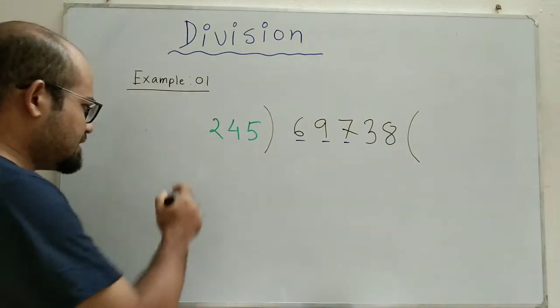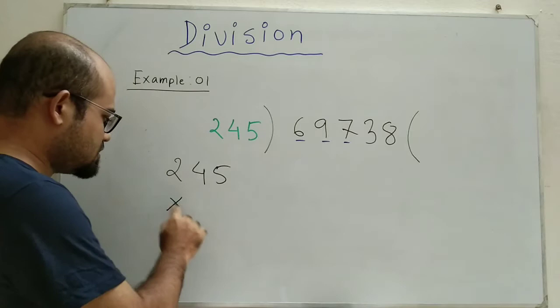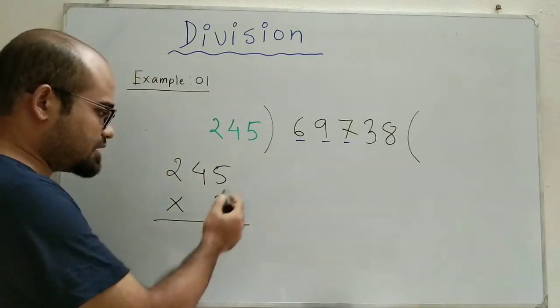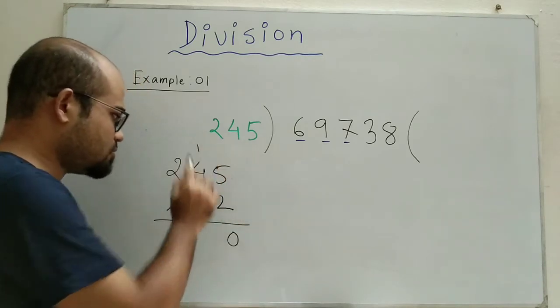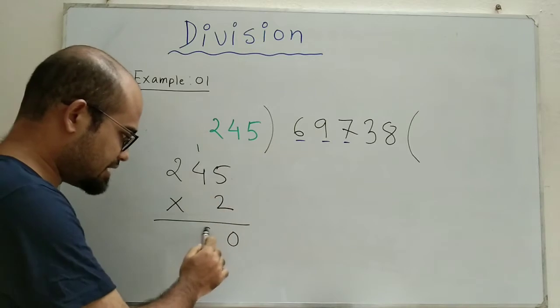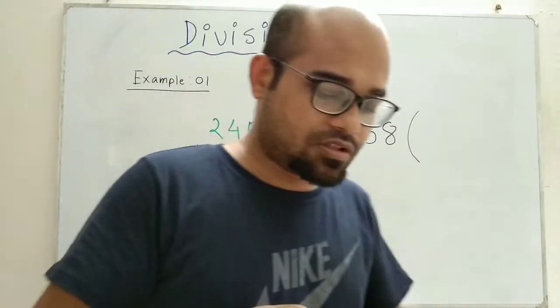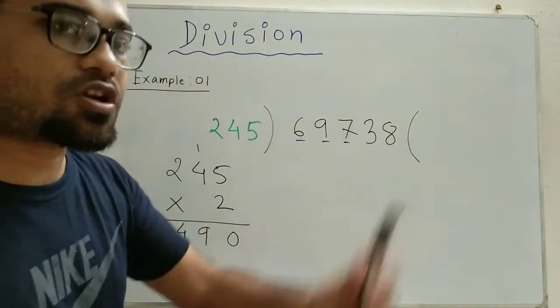So let's start. Let's pick up 2. Let's carry out the multiplication. 5 times 2 gives us 10, 0, carry 1. 4 times 2 is 8, plus 1, 9. 2 times 2 is 4. Well, 490 seems a good choice, but let's see whether we can proceed closer.